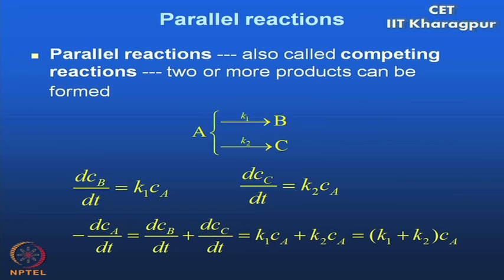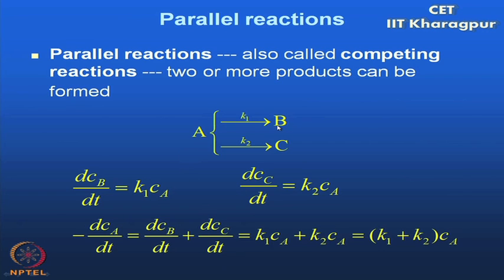Parallel reaction means a substance is undergoing a reaction to give you B, say A is giving you B, and maybe there is a possibility that the same substance is also undergoing another, parallel process that is not giving you B, but is giving you C. So, this reactant A has got parallel reactions, with a forward rate k1 giving you B, and with another forward rate k2 giving you C.